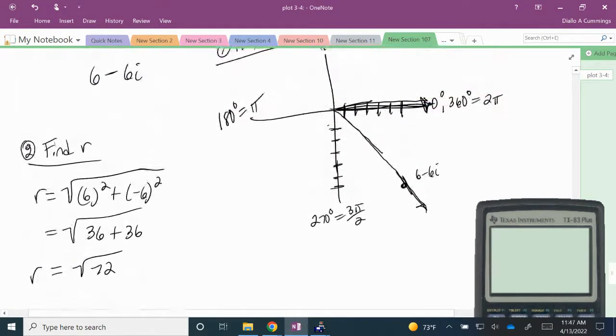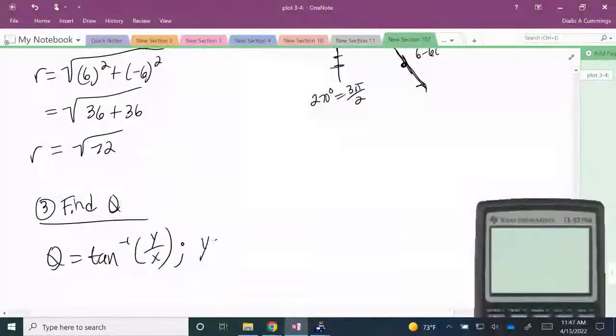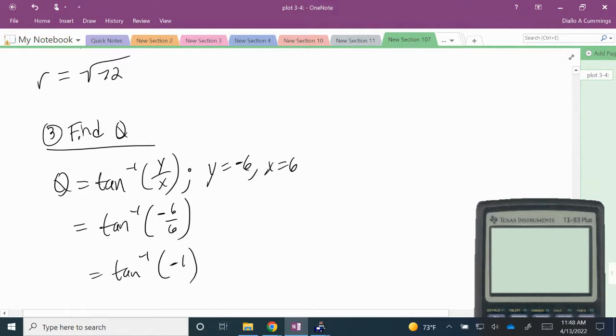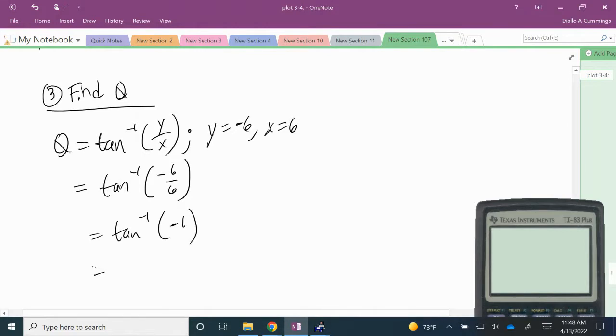Y is negative 6 and x is equal to 6. So we have the arctangent of negative 6 over 6, which is negative 1. And this is where we want to be careful. I'm going to use my calculator.